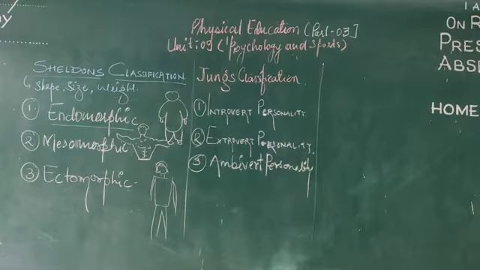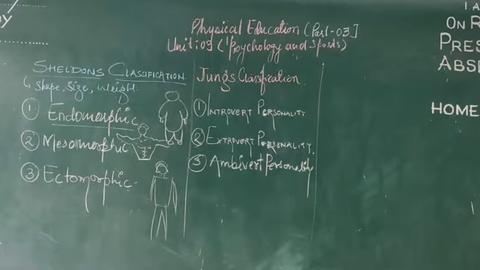If we talk about the extrovert personality, that is also from Jung's classification. From the word extrovert itself we can understand that the person has a tendency to be outgoing, friendly, talkative, social in nature. They are adventurous, supportive, generous, courageous.